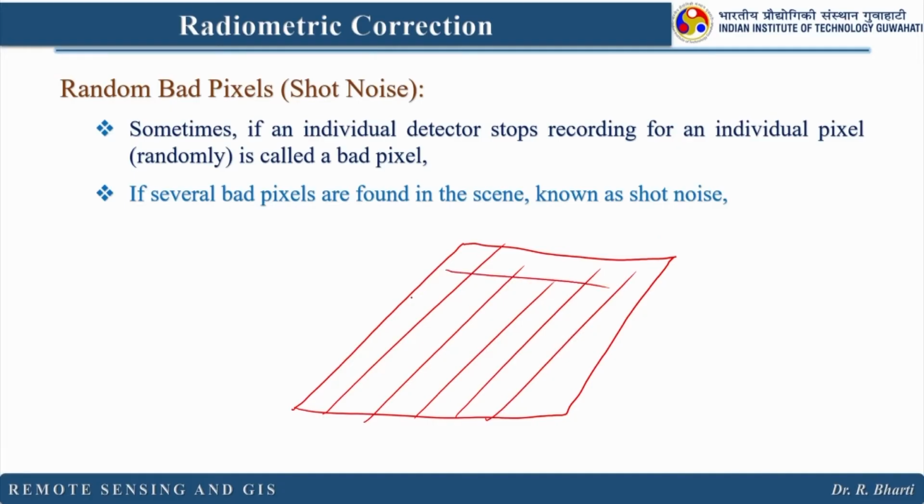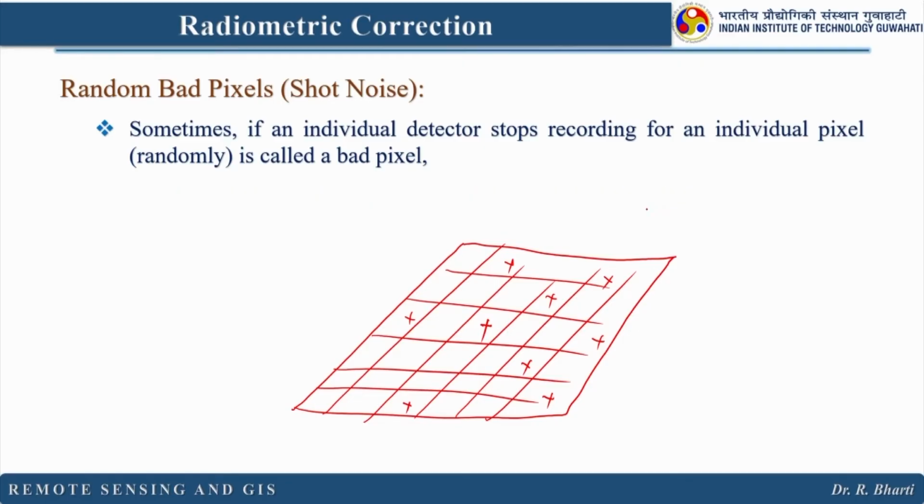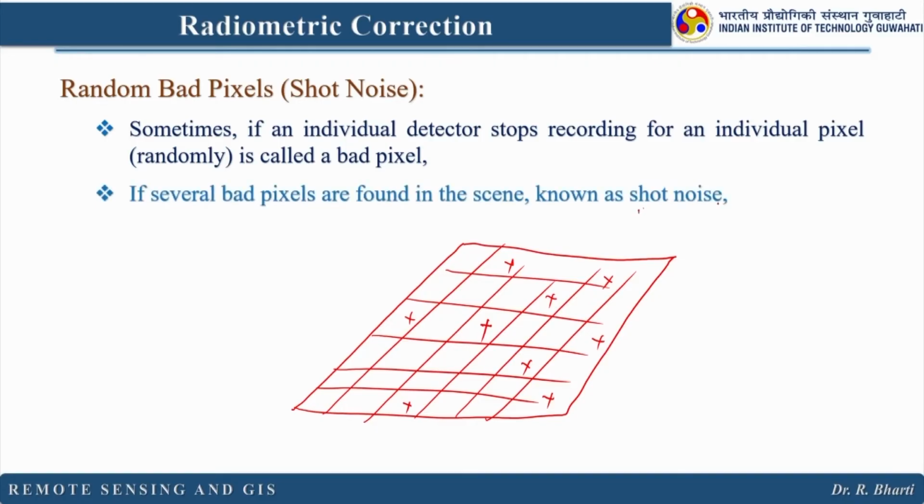But what is happening here, in random bad pixel you had only one no-value pixel, but here you may have several no-value pixels distributed in this particular image, right. So that is different from your random bad pixel, because there you had only one bad pixel, but here you have several bad pixels. So that is known as shot noise, right.